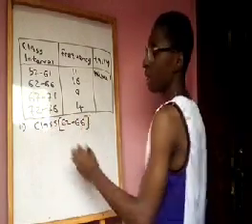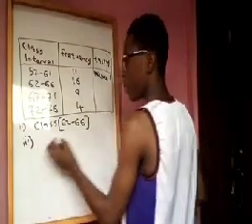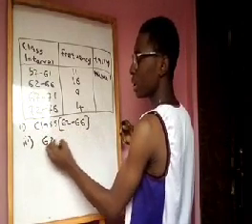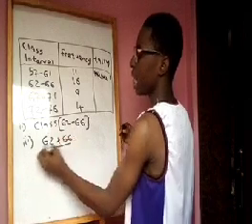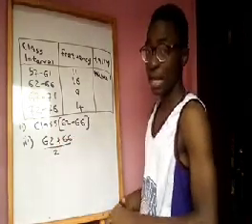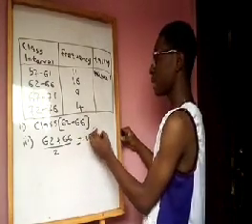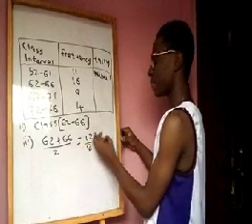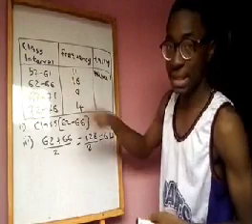The lower boundary is 62, and the upper boundary is 66. So we add 62 plus 66 together and divide by 2. In other words, we are looking for the average of the class limits. 62 plus 66 gives us 128. 128 divided by 2, we have 64. So that means the midpoint of the modal class is 64.